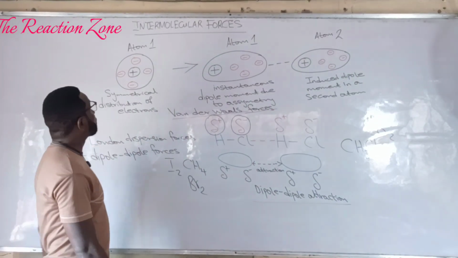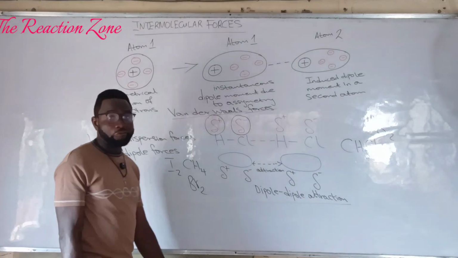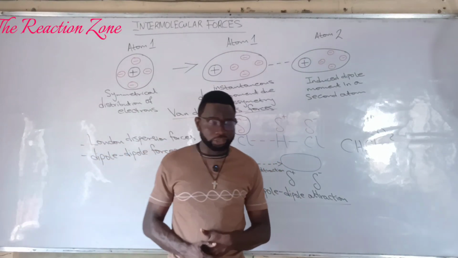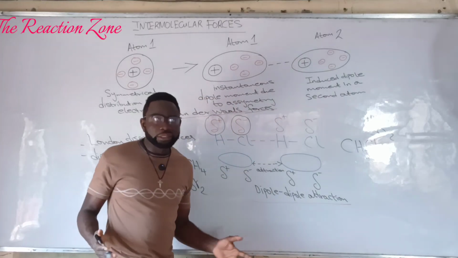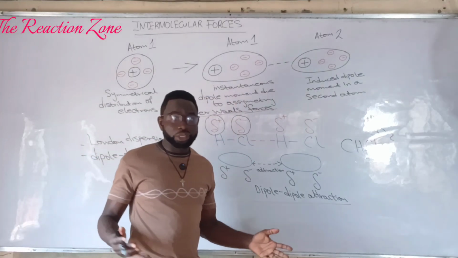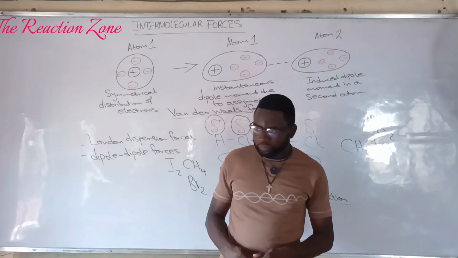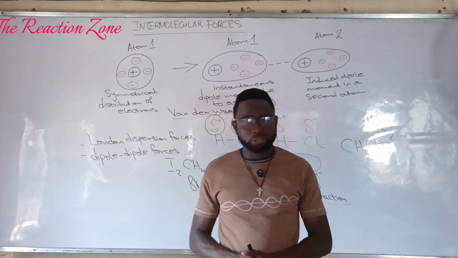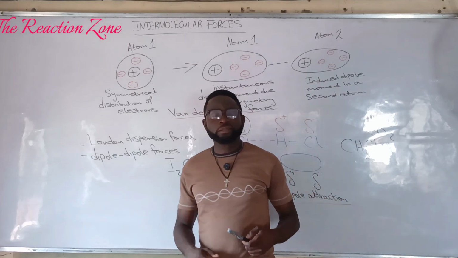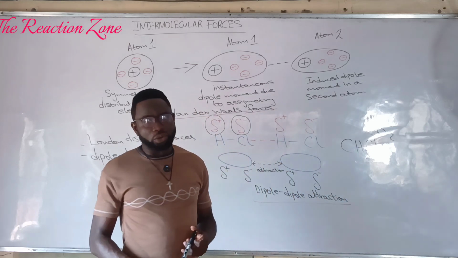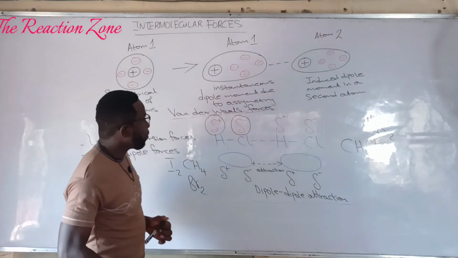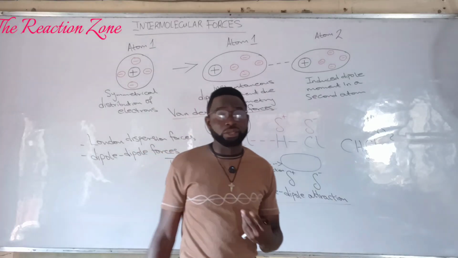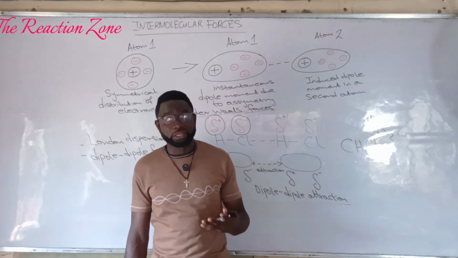In today's lesson, we're going to look at intermolecular forces. Specifically, we're going to look at types of intermolecular forces. Now, atoms and molecules usually interact with each other using different types of chemical bonds and intermolecular forces. Understanding these forces enables us to understand why some substances exist as solids, why others exist as liquids, and why some others exist as gases.